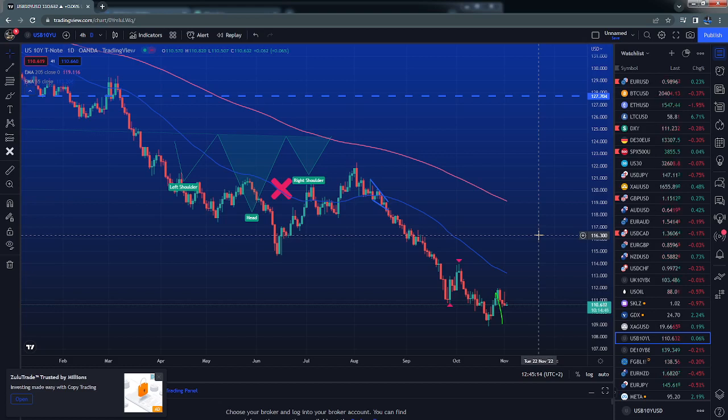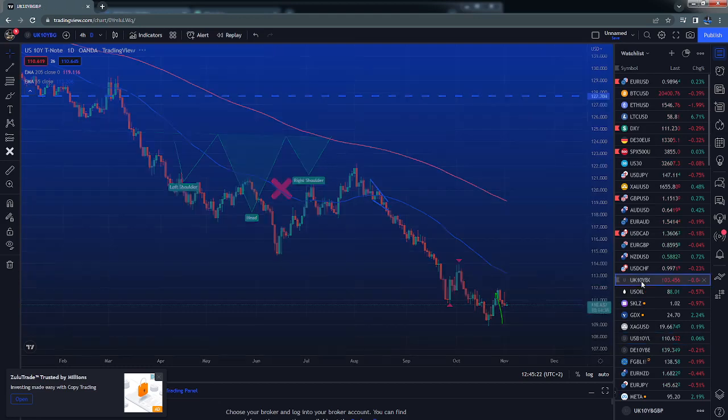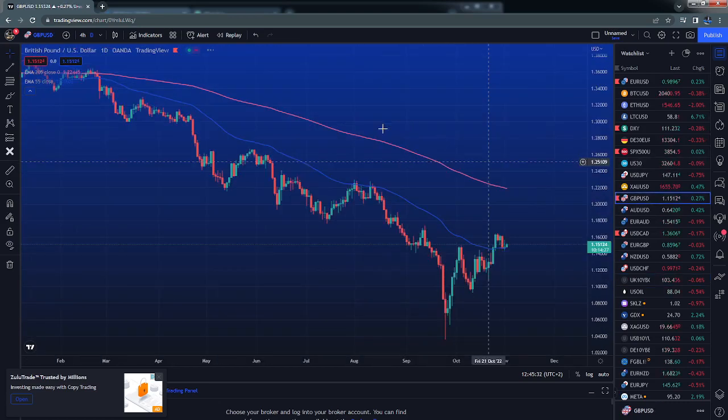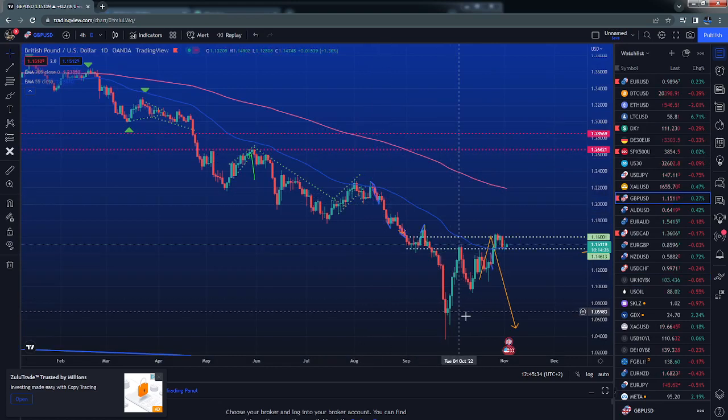Check the charts. It's nothing unusual. Remember what happened in cable. We saw a plunge in the bonds, so yields were rising, and a plunge in the cable too at the same time. So everything can happen. Don't get stuck to things like that.